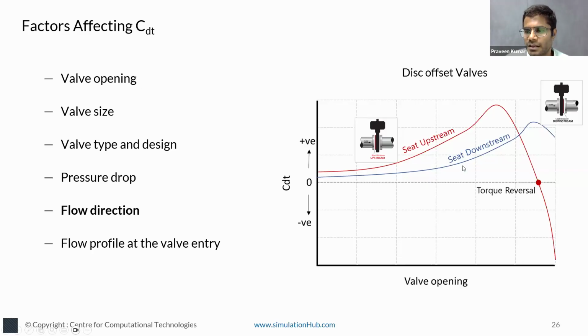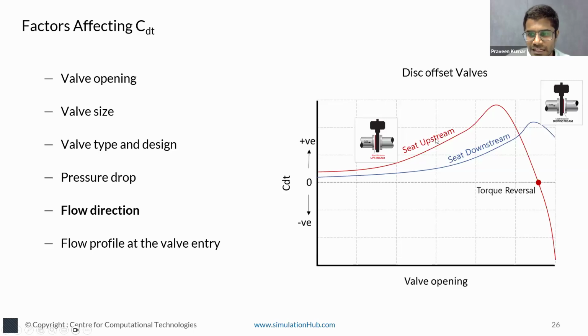And for seat downstream, it is like this. Even at 90 degrees, you will experience a slight CDT value. In a symmetric valve it is nearly zero, but in offset valves it will have some value.